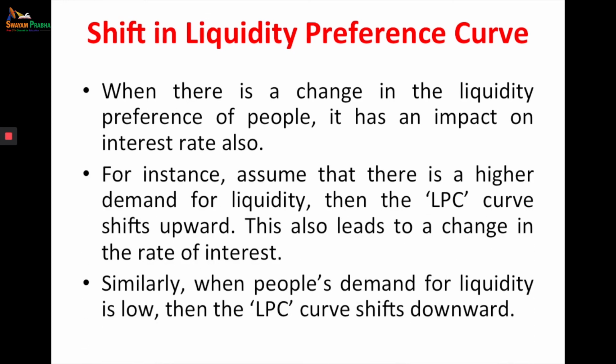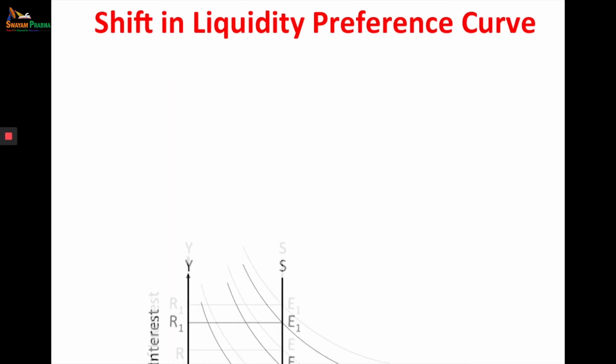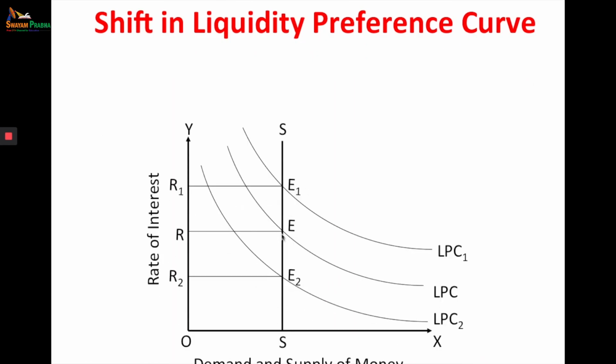For example, assume that there is a high demand for liquidity, then the LPC curve will shift upward, and this also leads to a change in the rate of interest. Similarly, when people's demand for liquidity is low, the curve will shift downward, and it will affect the rate of interest. For example, E is the initial equilibrium point, and OR is the rate of interest, as this diagram shows.